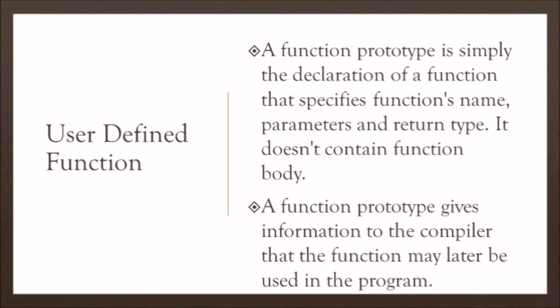Now this is a small definition of function prototype. What is a function prototype? The function prototype is simply the declaration of a function that specifies the function's name, parameters and return type. It does not contain the function body; it is just one statement that indicates the name of the function, the parameters used in it and its return type.